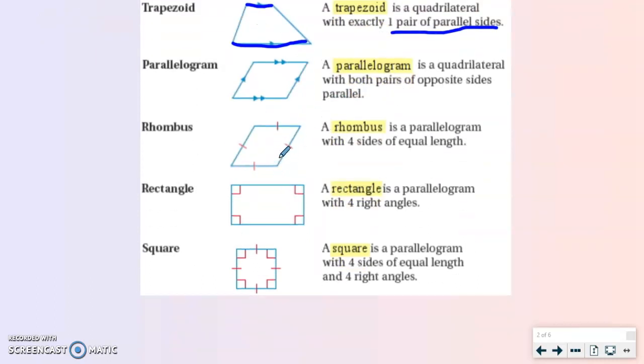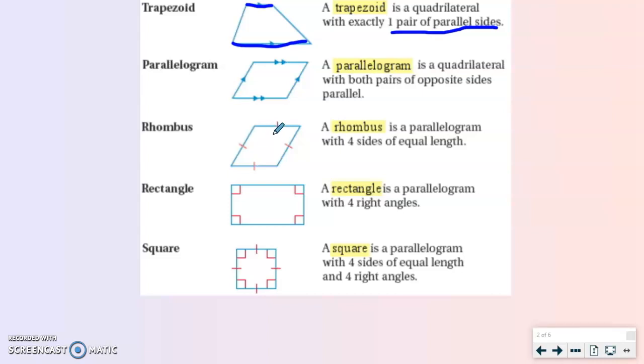Next we have a rhombus, and so a rhombus is a special parallelogram because the four sides are equal. So here you'll notice we see these tick marks again like we did on our triangles. They're showing us that all of these sides are the same length. I kind of like to say that a rhombus is like a square that got stepped on.